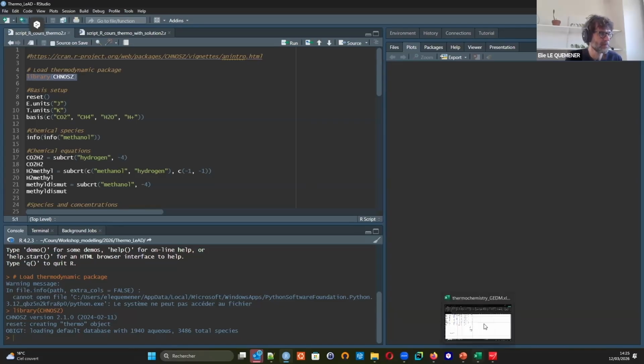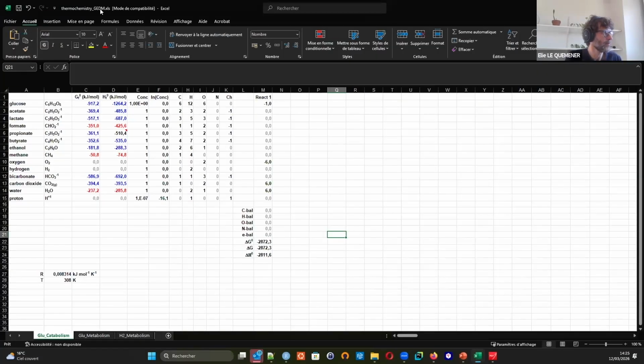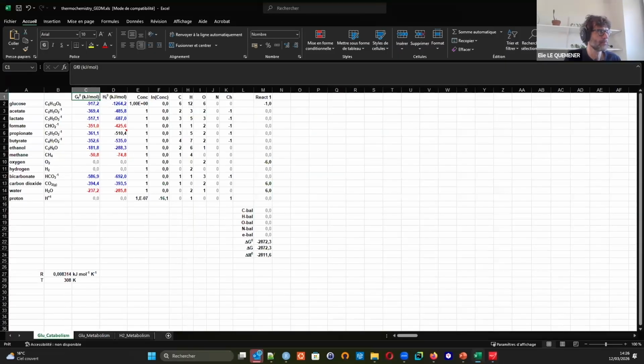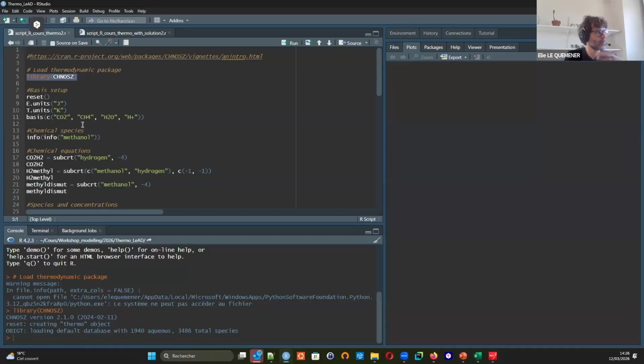Because the problem often, if you remember my Excel file, is that if you want to compute all the thermodynamic quantities, you need to have these standard values. And so you can go to the books and look at the values in the book. You have the values in this table with the article of Pierre and Van Loosdrecht, but the CHNOSZ package gives you a very, very complete database.